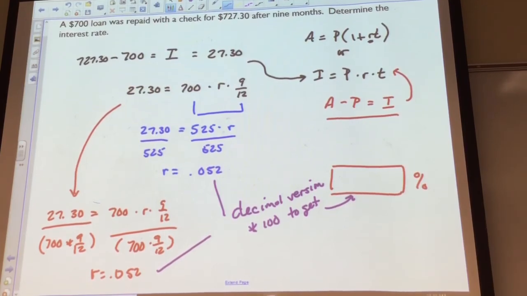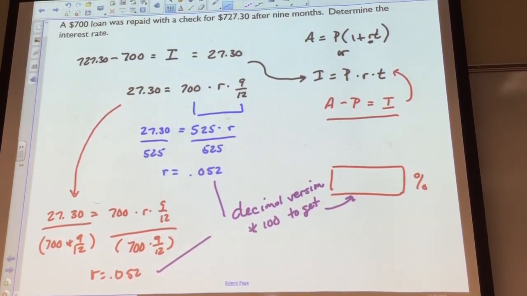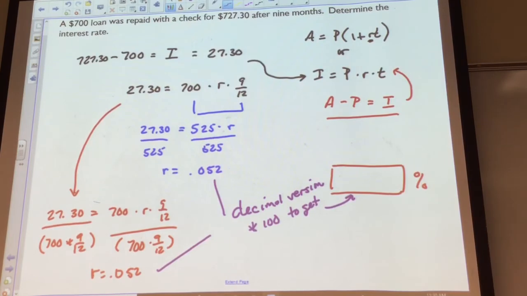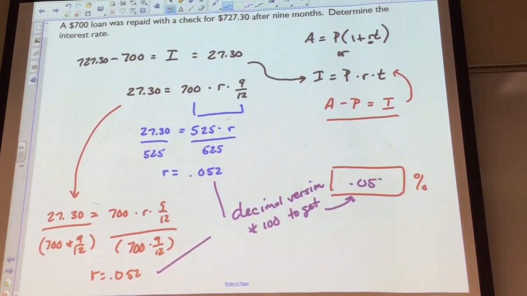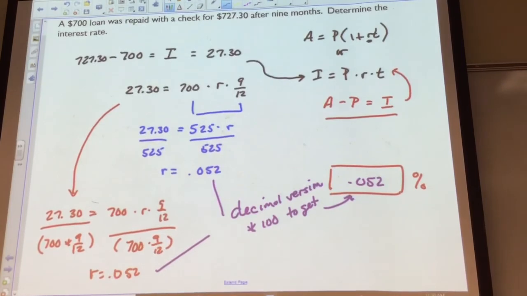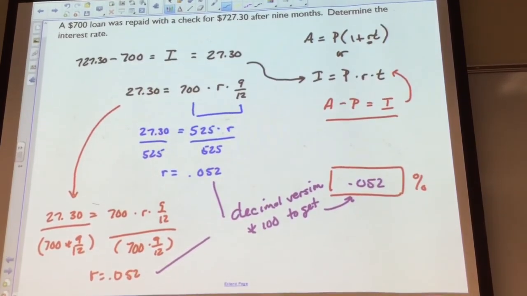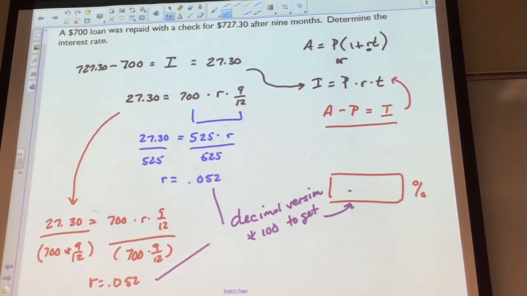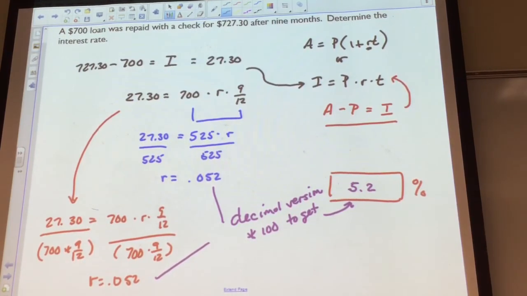Or just a simple 2 decimal place shift, which most of you know happens when you multiply by 100. But putting 0.052 inside this blank here will cost you the entire point value of the problem, probably 2 points at the end, because you didn't do the conversion into a percent value. So that would not have been what we wanted in here. Here we would have wanted to see the 5.2 as the percent value of the exercise.